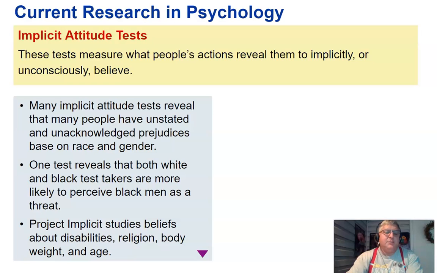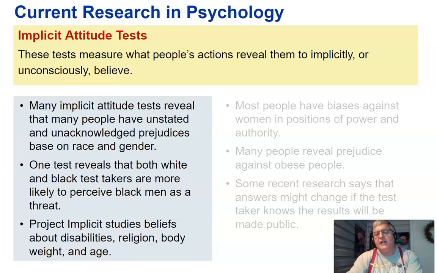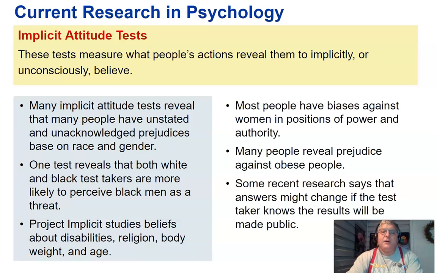Project Implicit studies beliefs about disabilities, religion, body weight, and age. Most people have biases against women in positions of power and authority. Many people have revealed prejudice against obese people. Some recent research says that answers might change if the test taker knows the results will be made public.